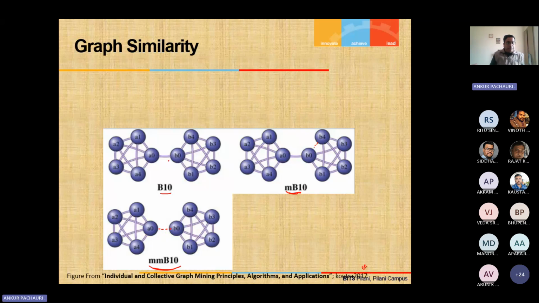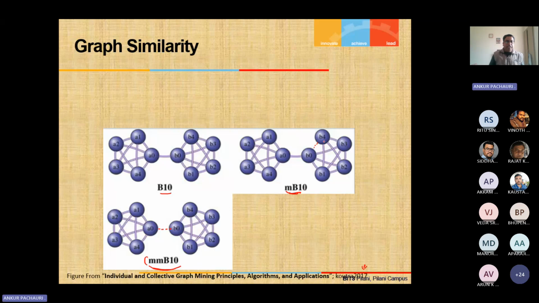Just by removing this edge, the graph becomes disconnected. So that means the penalty on missing this edge should be higher in comparison to this. Although if this graph is missing this, the connectivity may be weakened, slightly weaker connectivity, missing this edge has made the graph all the more disconnected.